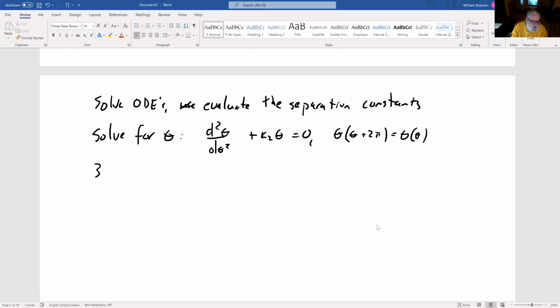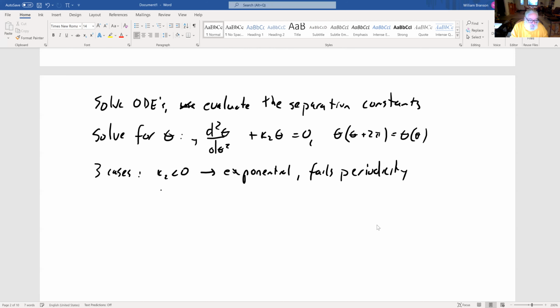And there's 3 cases, as there often are for these kinds of equations. Case 1 is K2 could be less than 0. And if you solve that, you get exponential terms. And that fails periodicity. If you set K2 equal to 0, you get a linear term. And that also fails to be periodic.